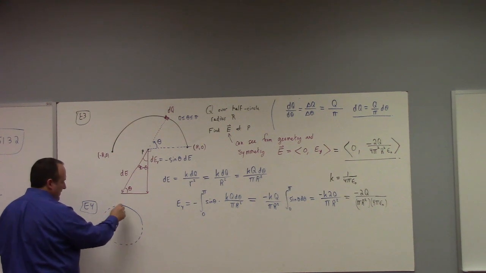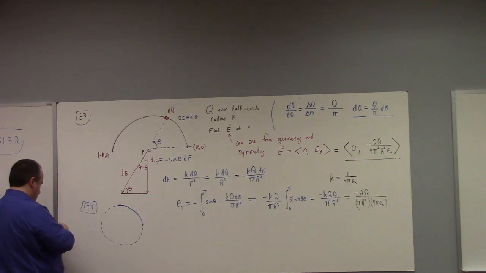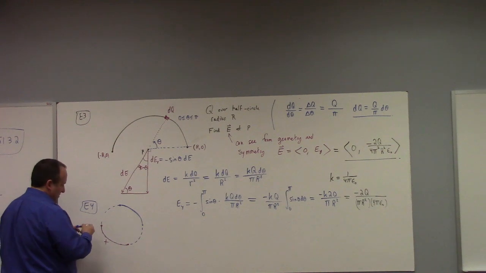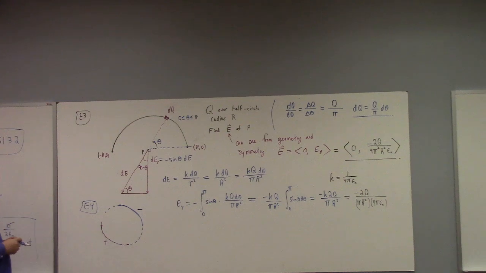Maybe they got negative charge here on a quarter circle, and then I think they've got positive charge on this quarter circle. It's positive here, negative here, like that.